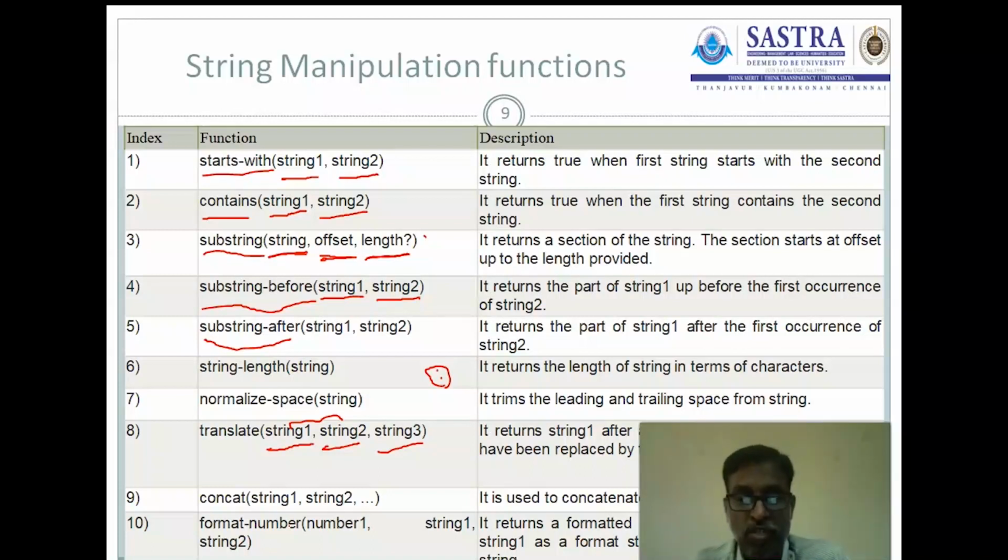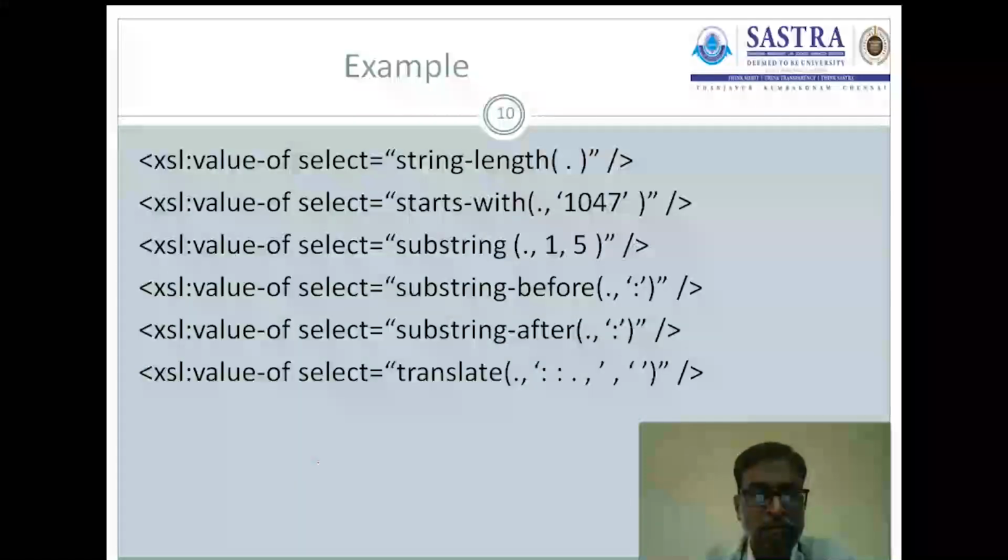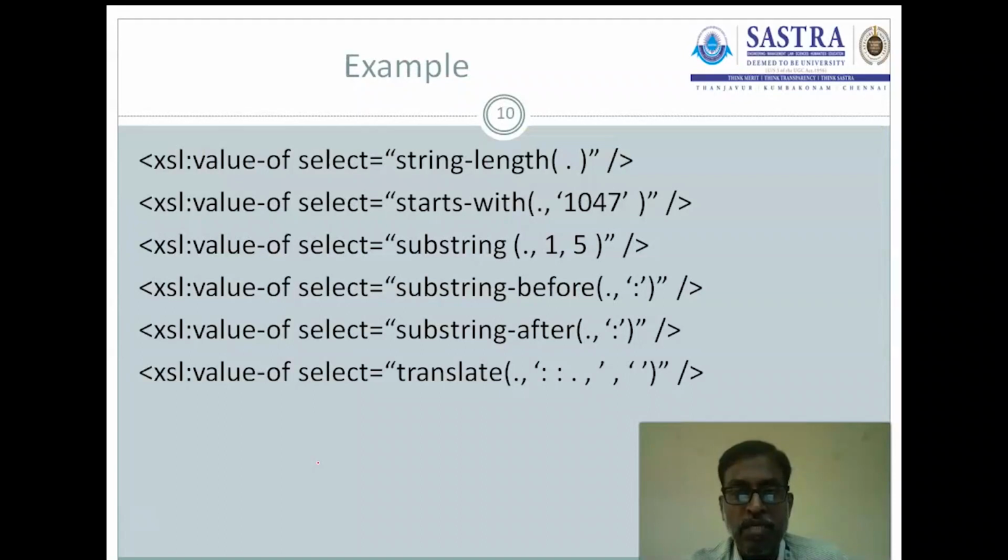If the first string cannot be applied, then the second string is applied, and we are able to get the number in the specified format. This is a sample example given here.